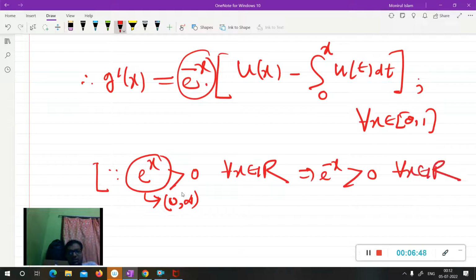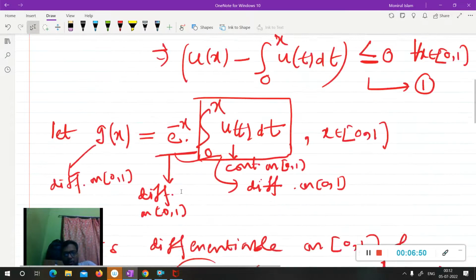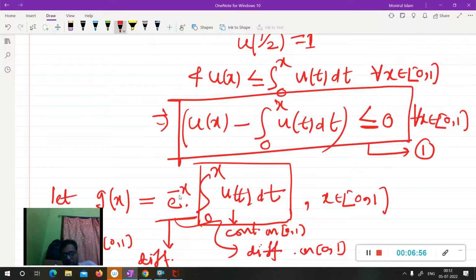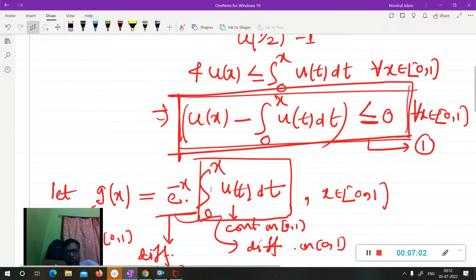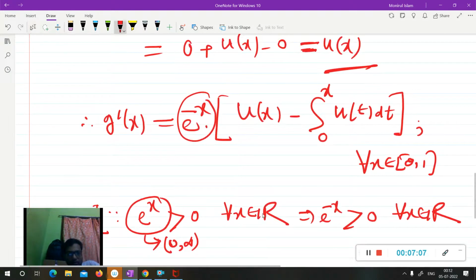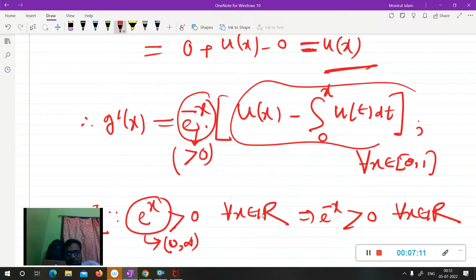And from 1 we have u(x) minus integral 0 to x u(t) dt less than or equal to 0. So this factor is positive, and this factor is negative, less than or equal to 0, so the total will be less than or equal to 0.